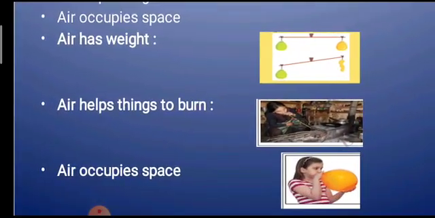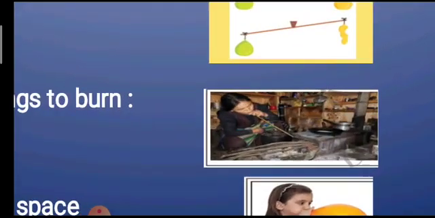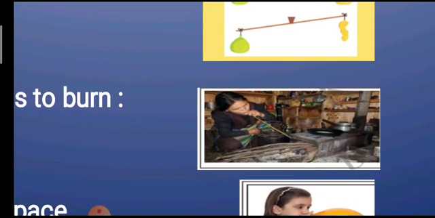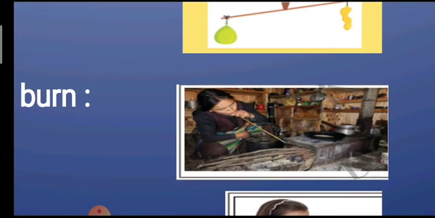Now, the second characteristic: air helps things to burn. See, in this picture, what is the lady doing? In the oven, she's blowing air to make the fire burn, to cook her food.